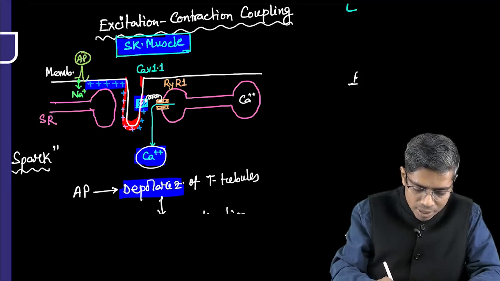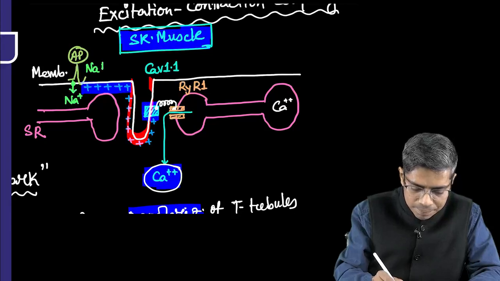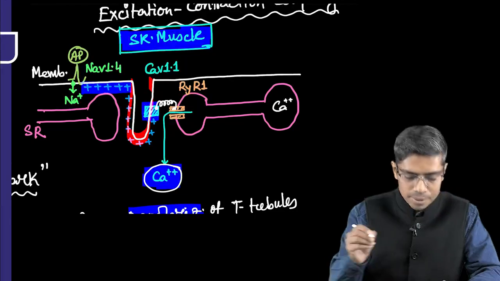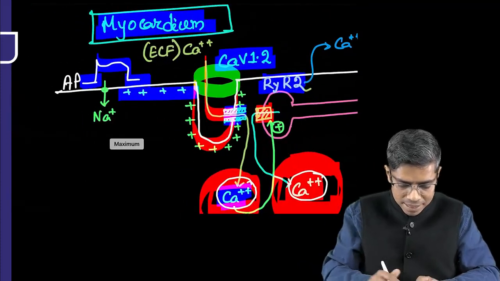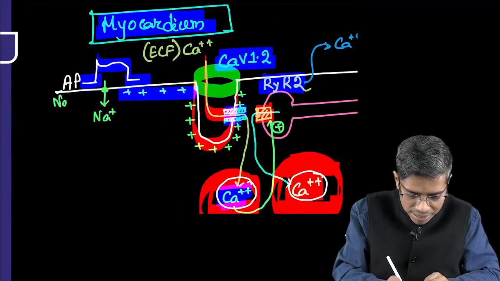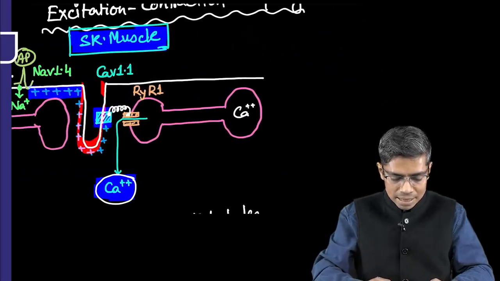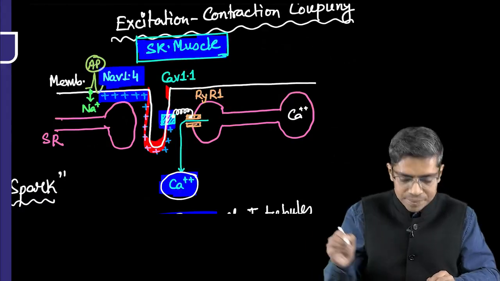If I ask you what type of voltage gated sodium channel is here, your answer is NAV 1.4. In the same way, in the myocardium, again a voltage gated sodium channel, this is subtype 1.5.